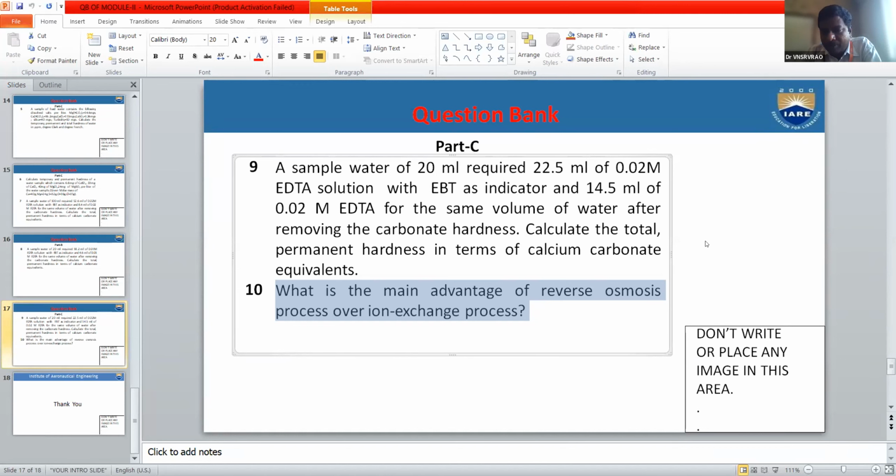That is the advantage of reverse osmosis compared to the ion exchange process.